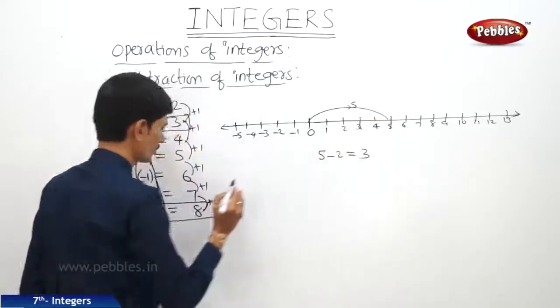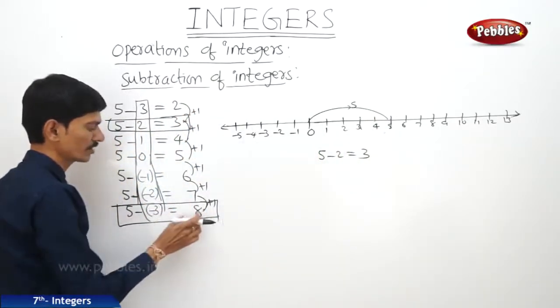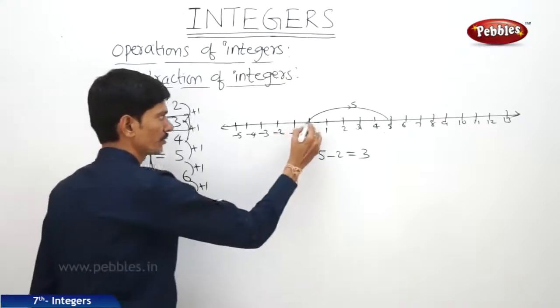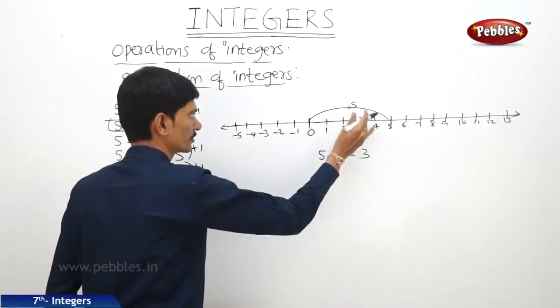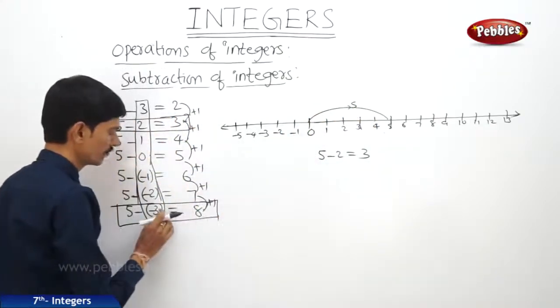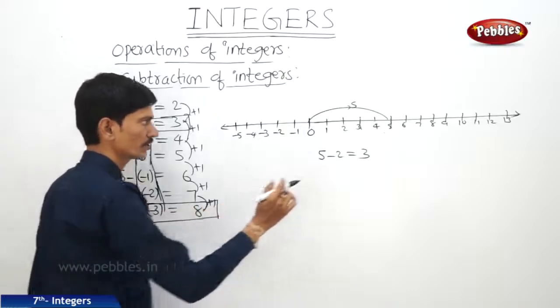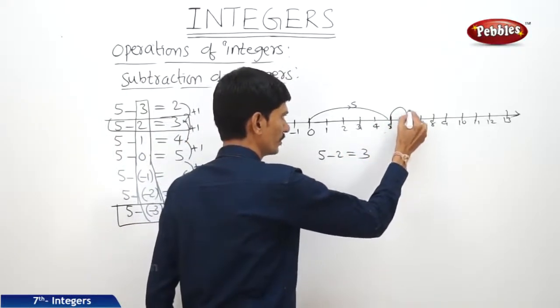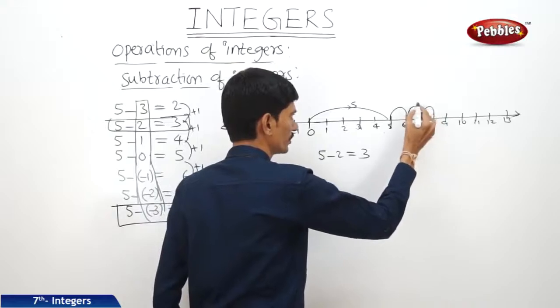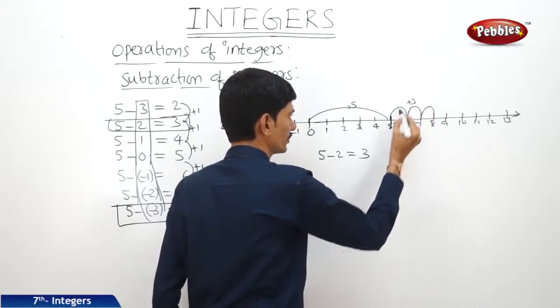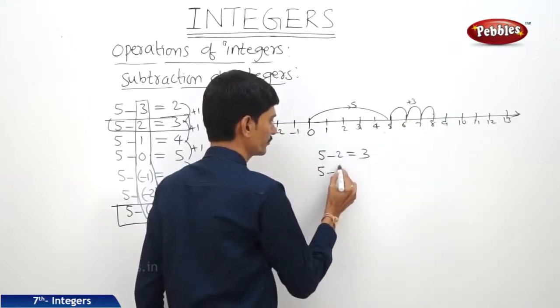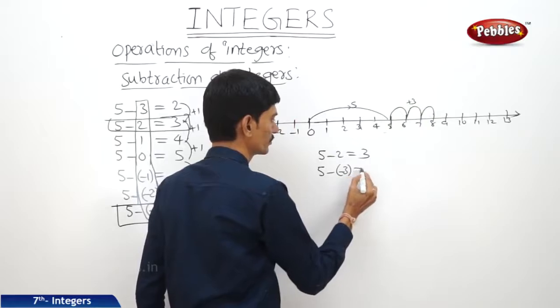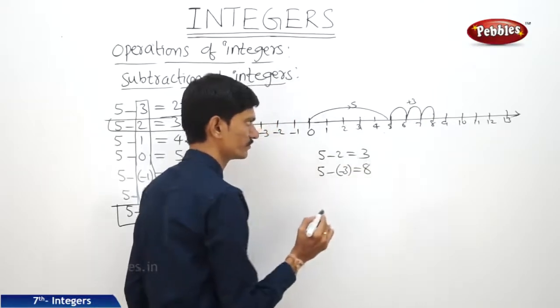Now when you take 5 minus of minus 3, the result is 8. So first we take 0 to 5, 5 units, then minus 3 to reach 8. So again we move right on the number line, 1, 2, 3. So this is plus 3. Then 5 minus of minus 3 equals to 8.